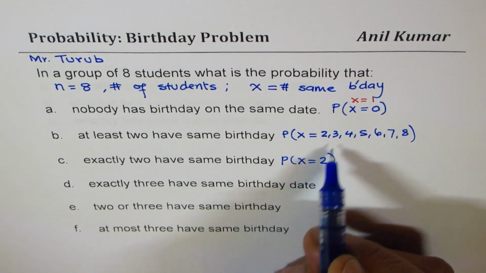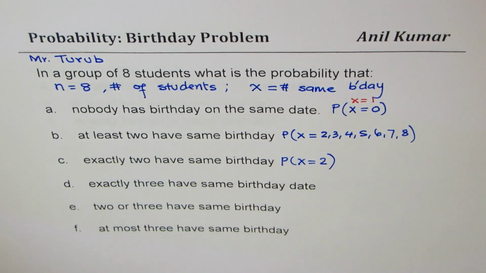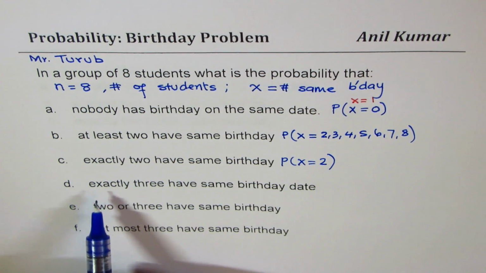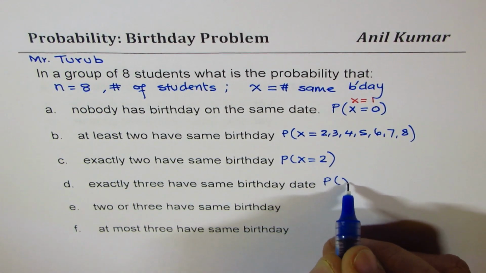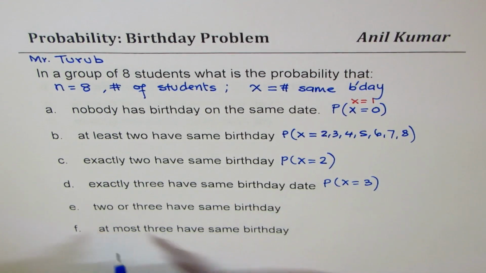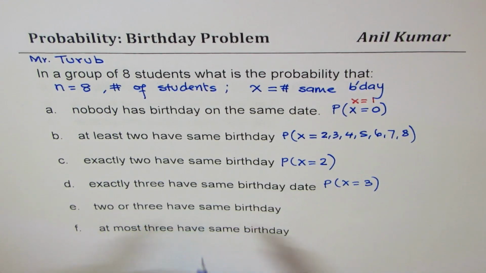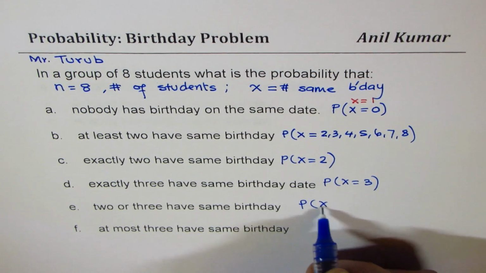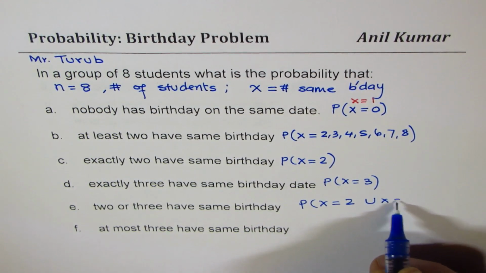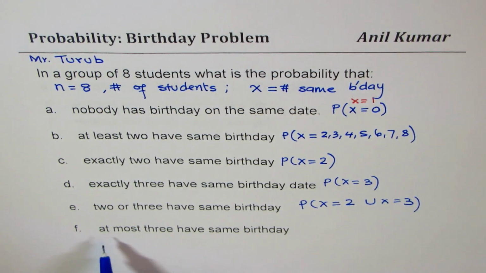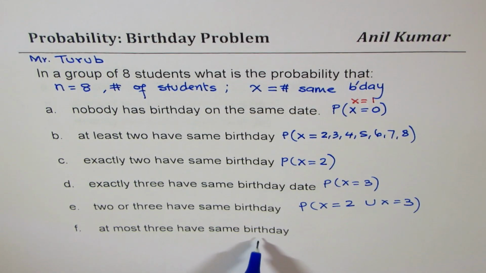That is a huge difference between these two scenarios. When we say exactly 3 have same birthdays, that means probability when x equals 3. And when we say 2 or 3, that means we're looking for the union of x equals 2 and x equals 3, right?